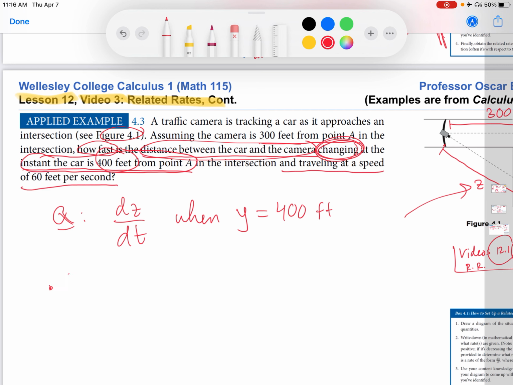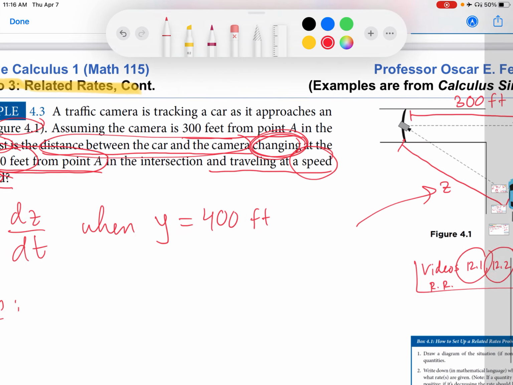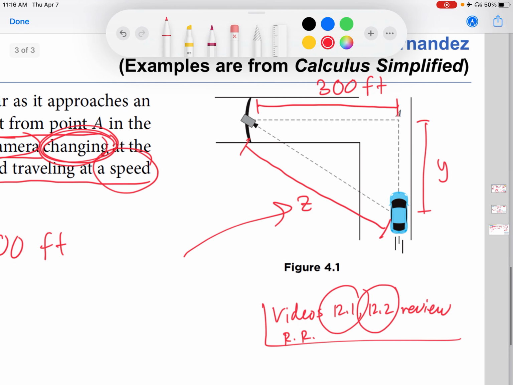Okay, and then there's more information toward the end here, traveling at a speed of 60 feet per second. So that is given information, right? Given: traveling at a speed of 60 feet per second. Okay, let's go back to the diagram. It looks like the car is moving in that direction. So that tells us that the y, which is the distance the car travels, is decreasing, right? If you're moving in this direction, your distance to point A is decreasing.